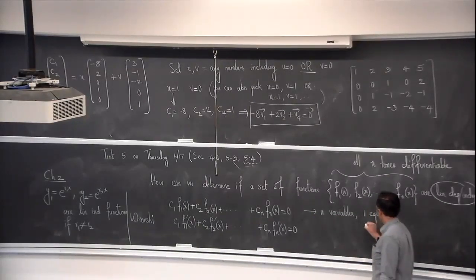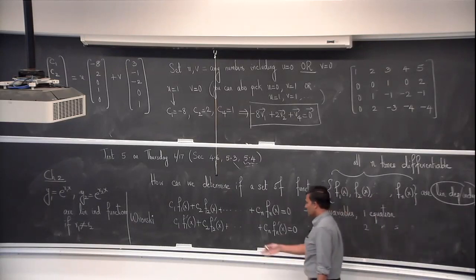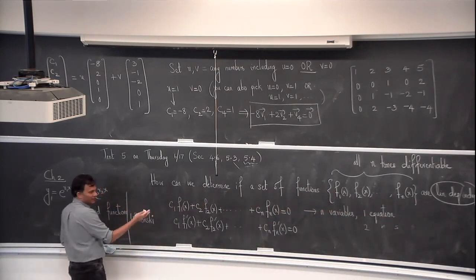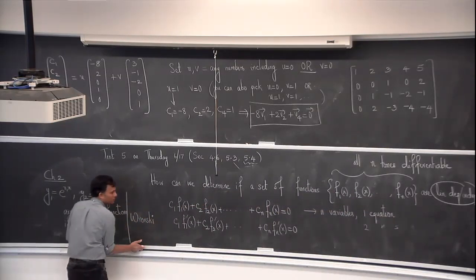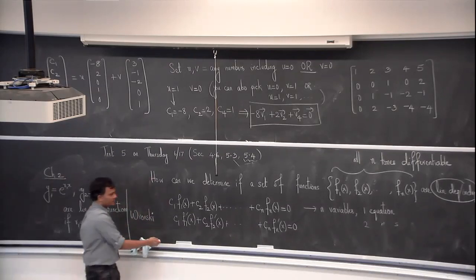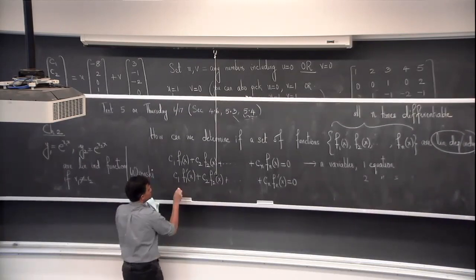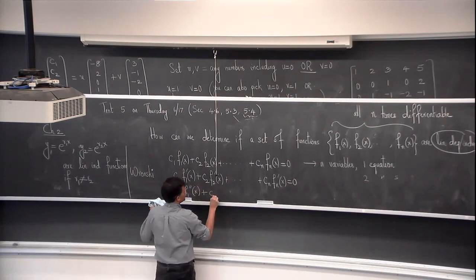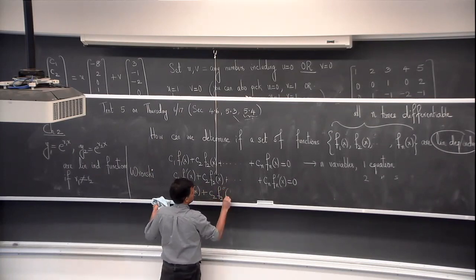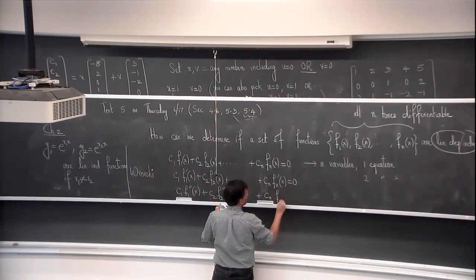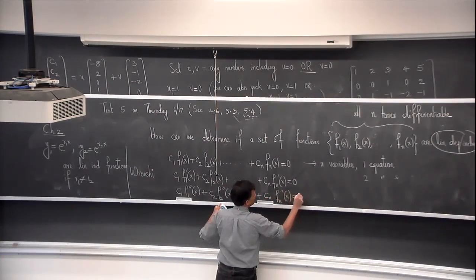He made it slightly better there, right? N variables and two equations now. Then he had a crazy idea, just keep doing this. Just keep doing this till you have enough equations to solve the system. That's why I insisted on n times differentiable, so that you could keep on taking derivatives. So c1 times f1 double prime of x plus c2 times f2 double prime of x plus cn times fn double prime of x equal to 0.